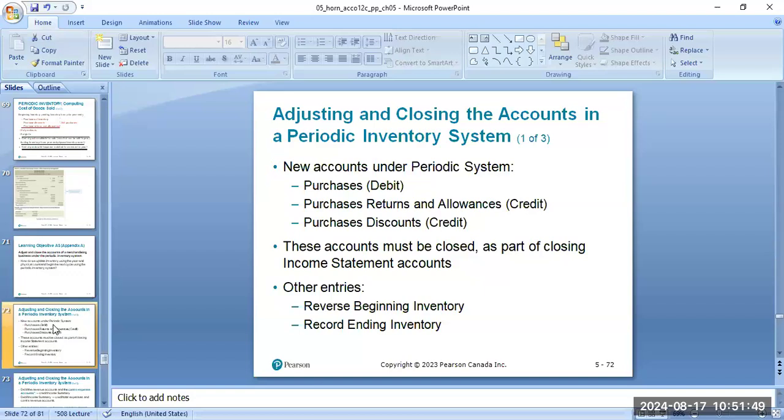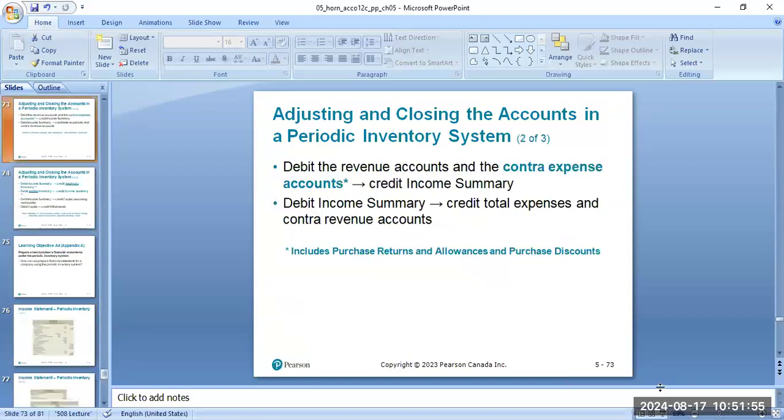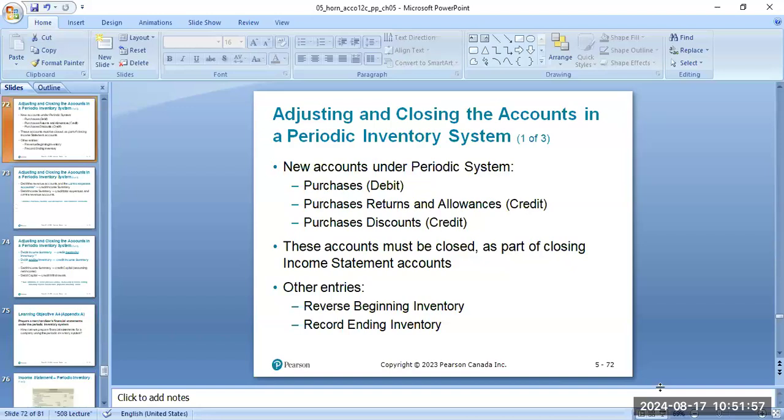For the sales, there's no difference. So the new accounts again are purchases, which have a debit balance, purchase return allowances, which have a credit balance, and purchase discounts, which have a credit balance. These accounts must be closed.